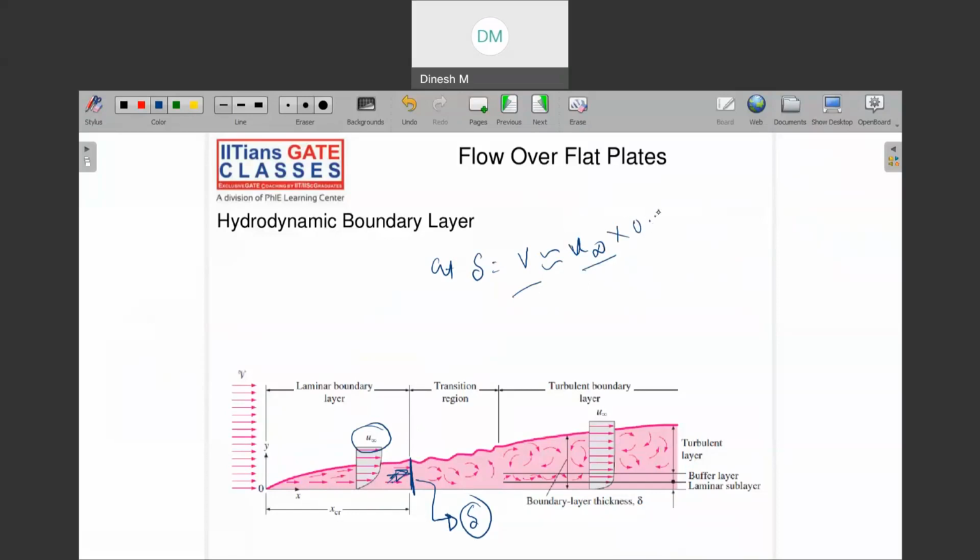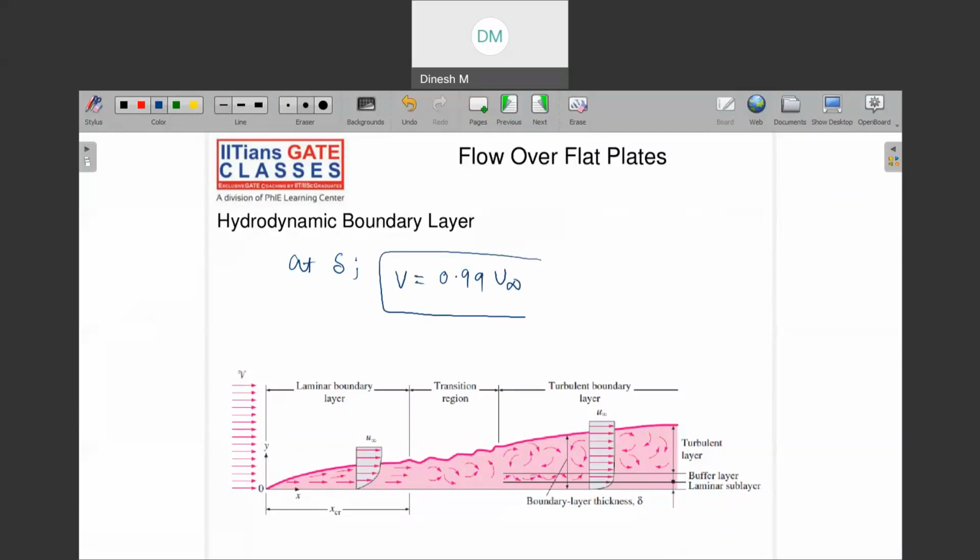So can I say that at delta my velocity is equal to 0.99 times of whom? U infinity, then I can say that my boundary layer was till this region, and beyond this region there is no effect of this boundary layer, right?